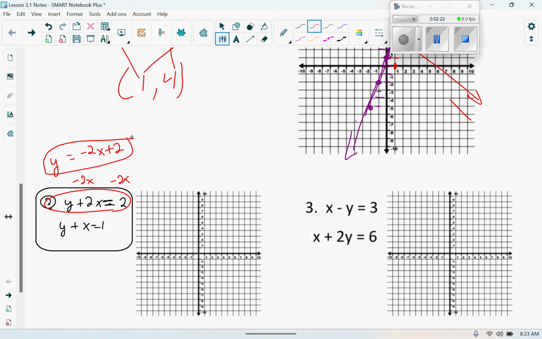And I'm going to go ahead and graph that. Again, I like to put a lot more points just in case I need them. Okay, so I'll do those points, draw my line. Then for this one, I'm going to subtract x from both sides, and then go ahead and graph that.